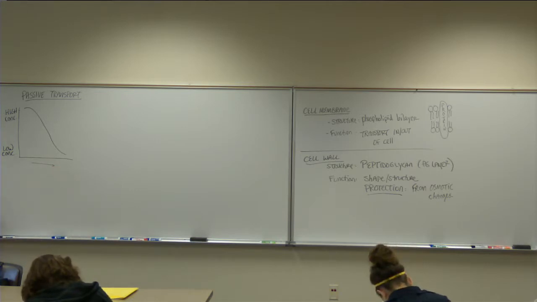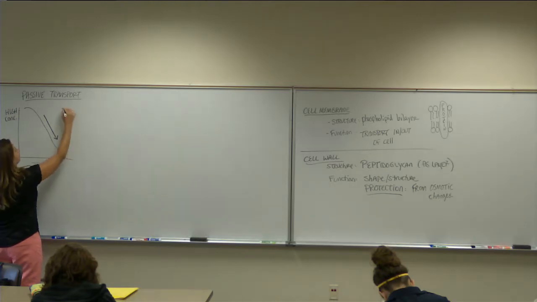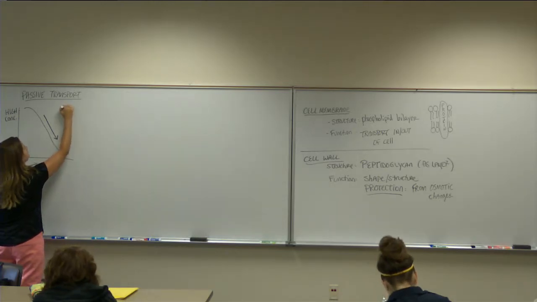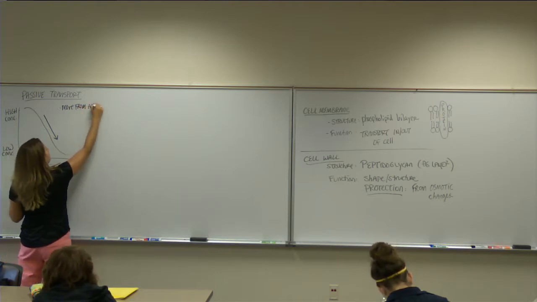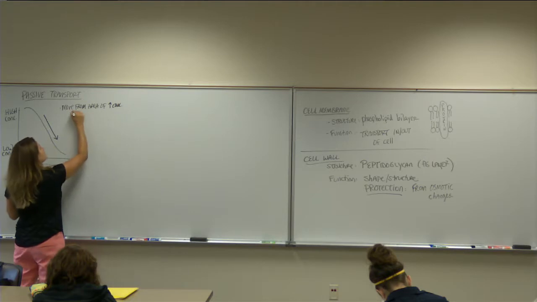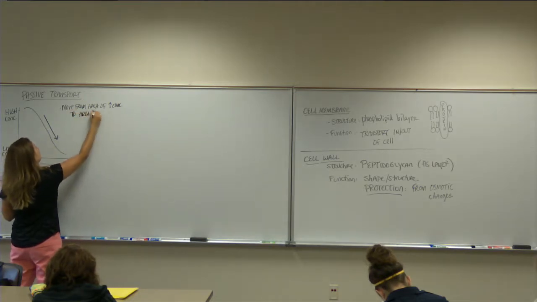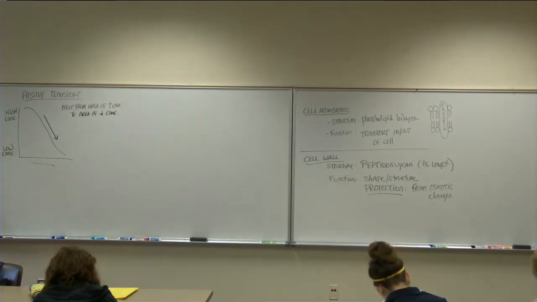What's going to happen with passive transport is material moves this way. Okay, so it's going to progress from an area of high concentration down to an area of low concentration. So basically, molecules move from an area of high concentration to an area of low concentration.